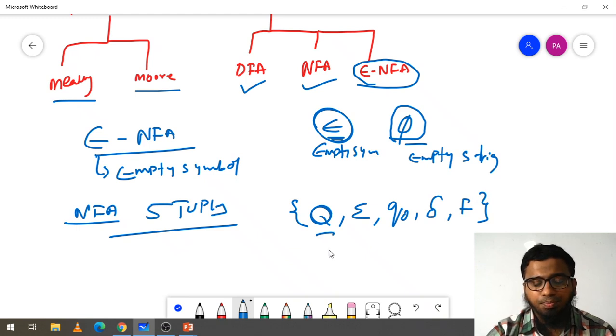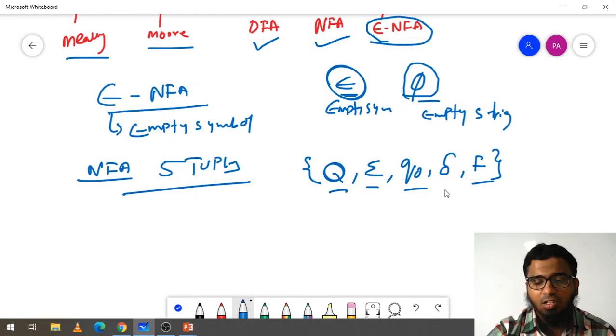So Q is the set of states, sigma is the set of symbols, how many symbols are there, that will be defined in sigma. Q0 is the initial state, F is the final state. And the slight difference between the normal NFA and epsilon NFA is delta.